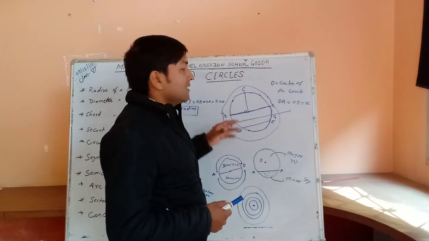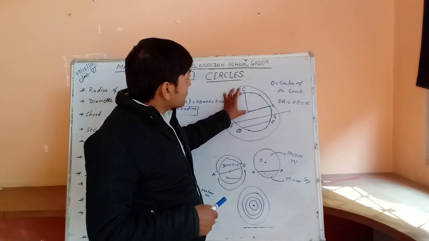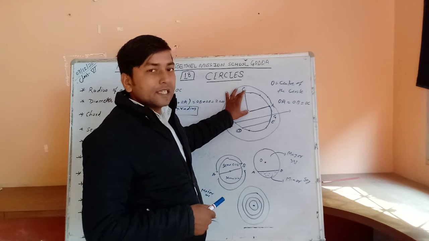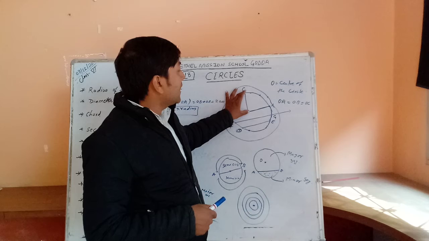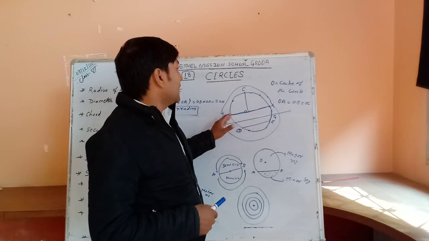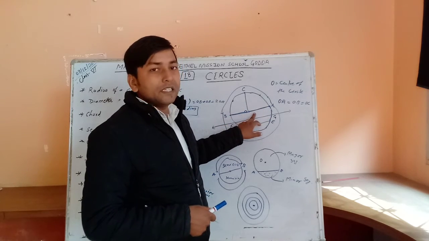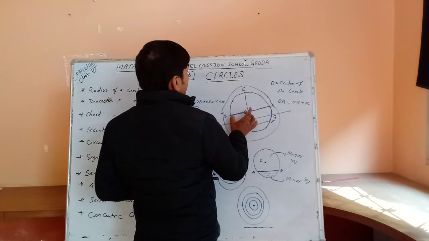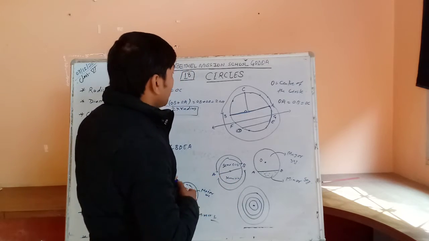The distance from the center to the circle is called the radius. The line which passes through the center and touches the circle at two points is called the diameter, and the diameter is 2 times the radius. When two radii join, they make a diameter.